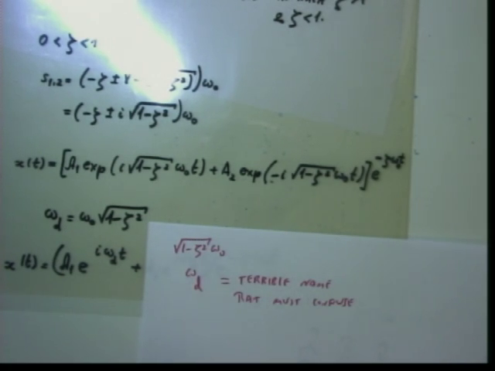Damped frequency is really an oxymoron, is it not? Because damping is one thing, frequency is associated with free vibrations. Not only are some of us on the level of Newton, but others are trying to confuse us even more. So, terrible name, damped frequency.